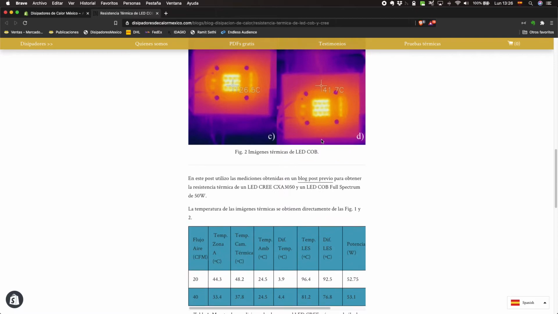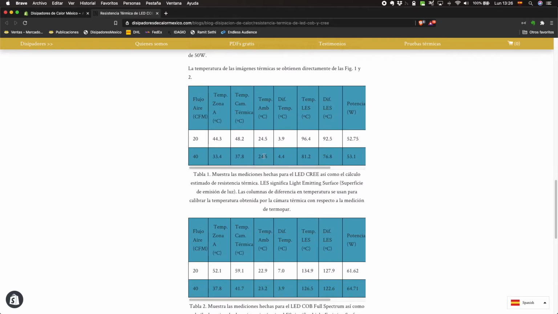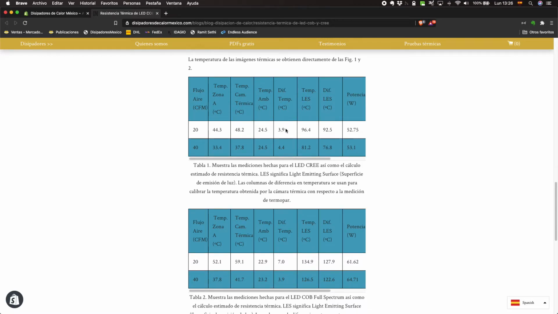So having said that, I calculated this difference, and for example, this is the column that I got for the CREE LED. This is the column for the COB LED, considering this difference.